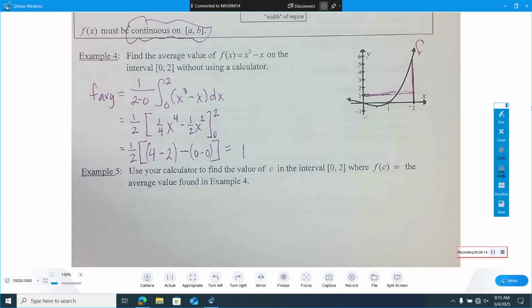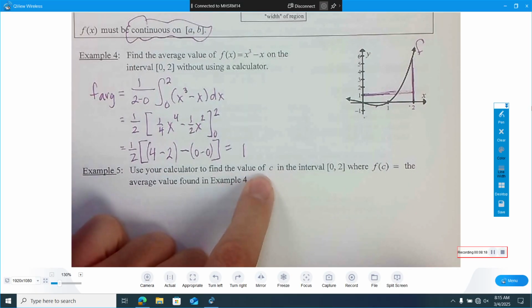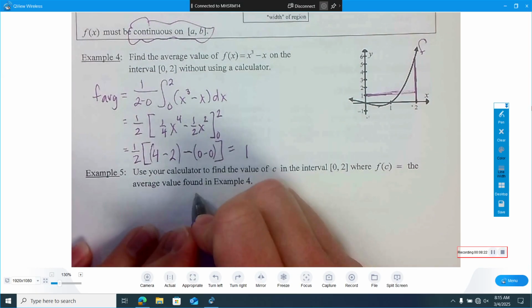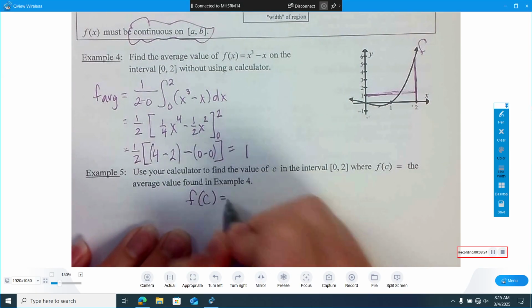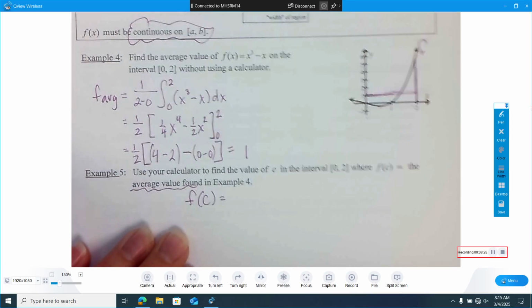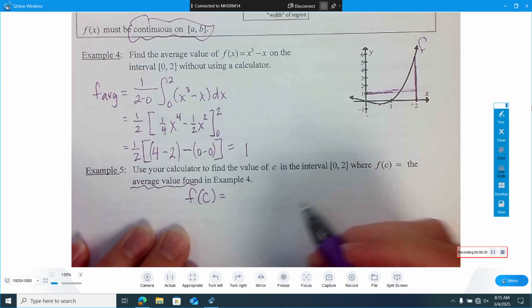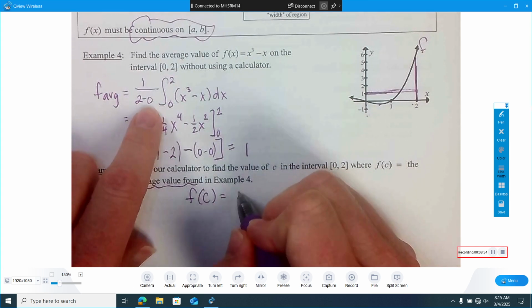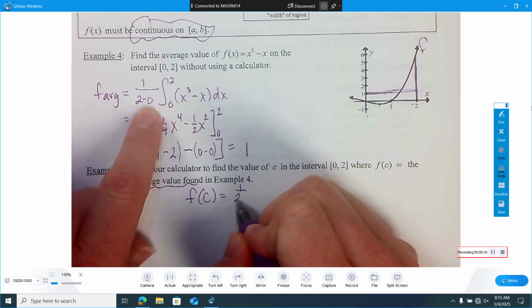Let's see, we want to use our calculator to find a value of c in the interval between 0 and 2, where f of c equals the average value. So where does f of c equal our average value? Well, if I were to do that, maybe formally I would set that up again, but I don't really need to.